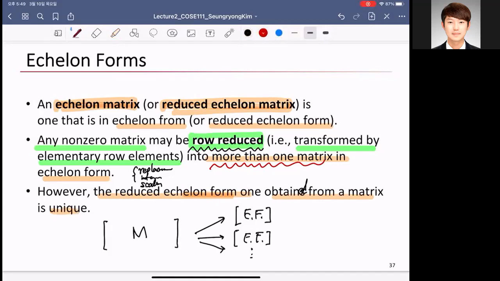So if we go further, this echelon form can be converted to the REF form. Why? Because this whole procedure is done by row reduction.